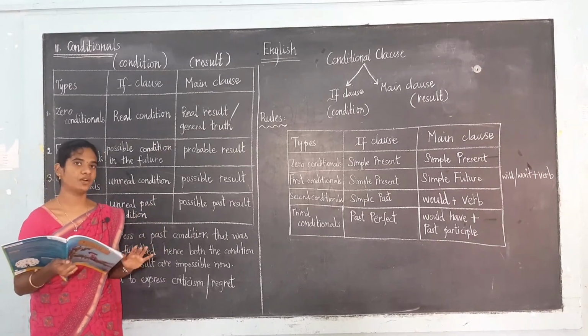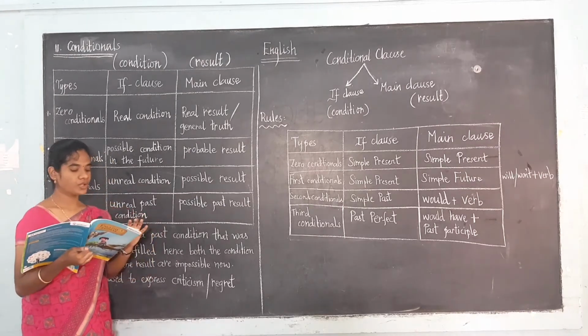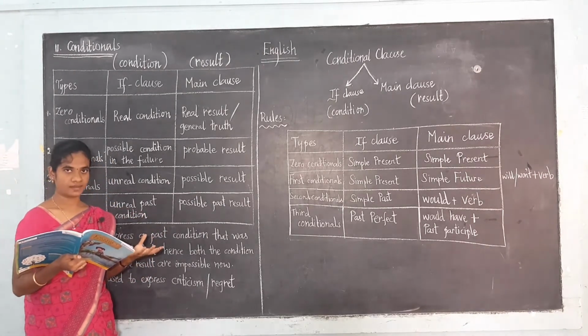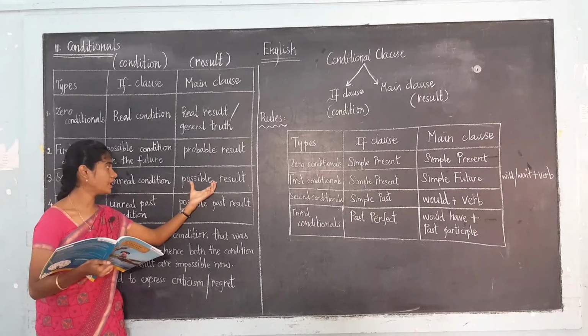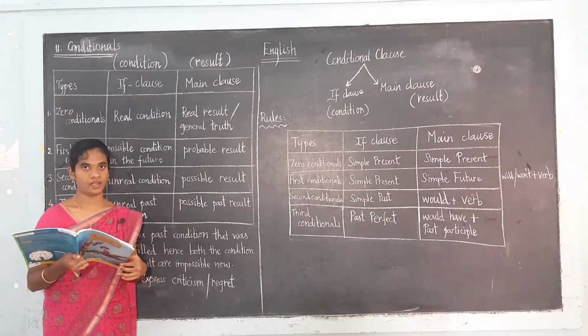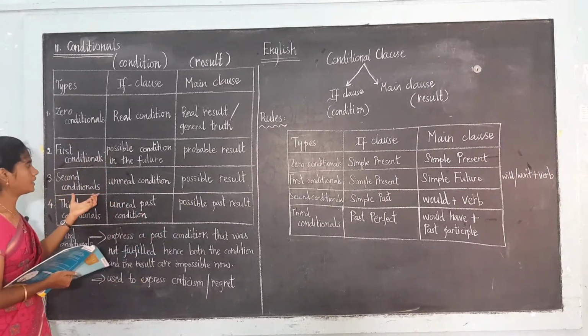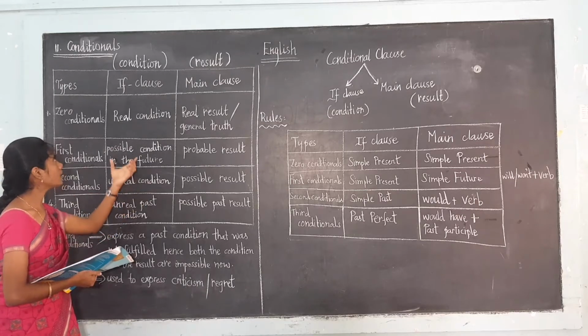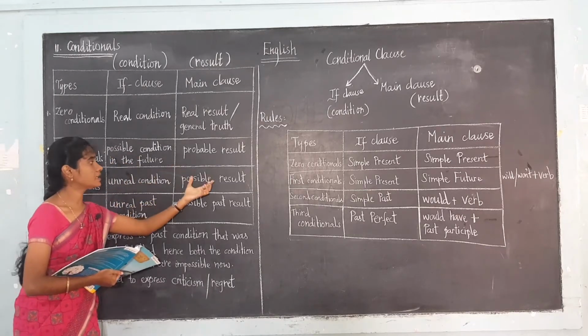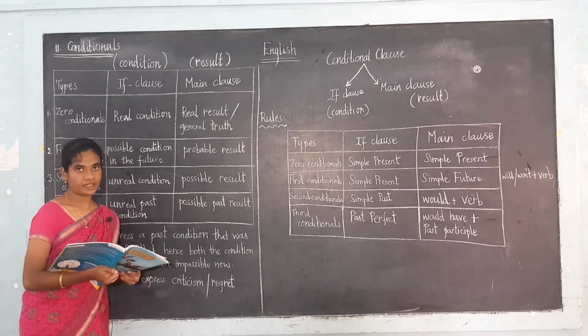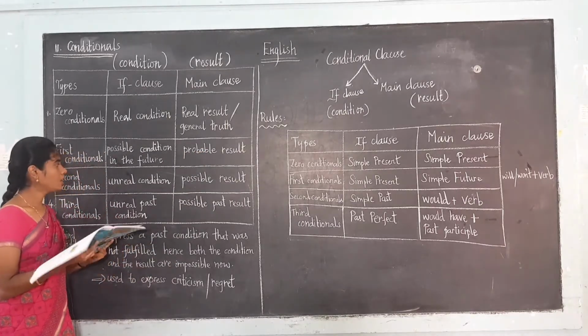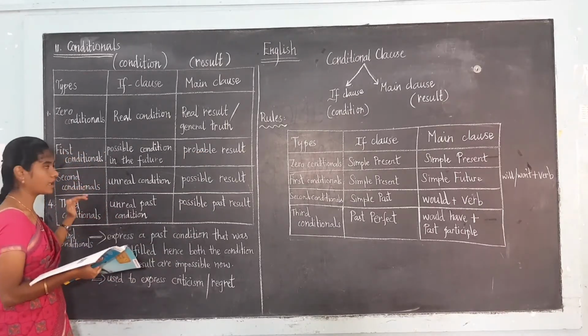So this is the meaning of the sentence. Okay. So it is an unreal situation, and it has the possible results. So this comes under the second conditional: an unreal condition in the if clause, and the possible results in the main clause. Okay. Are you clear with the second conditional?